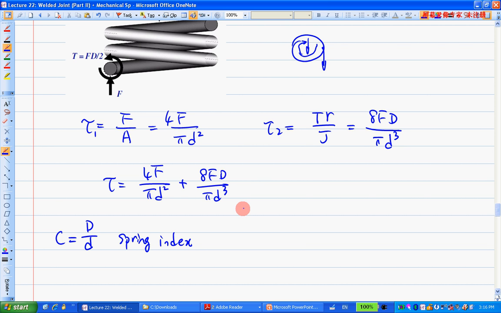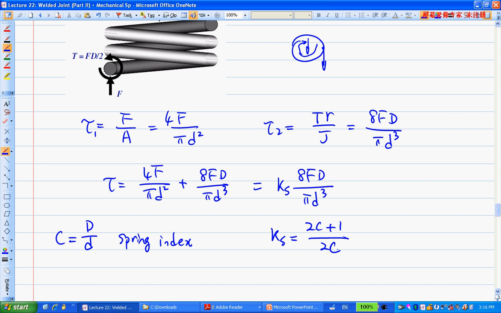Based on this C, my combined stress tau can be rewritten as Ks 8F capital D over pi d cubed. And the Ks equals 2C plus 1 over 2C. Okay, Ks. Okay, that's it. That's the stress on the cross section of the spring there, okay, due to the loading F.